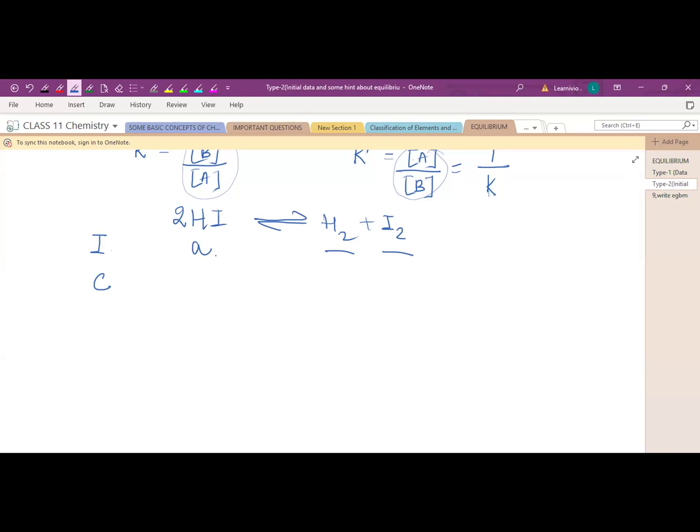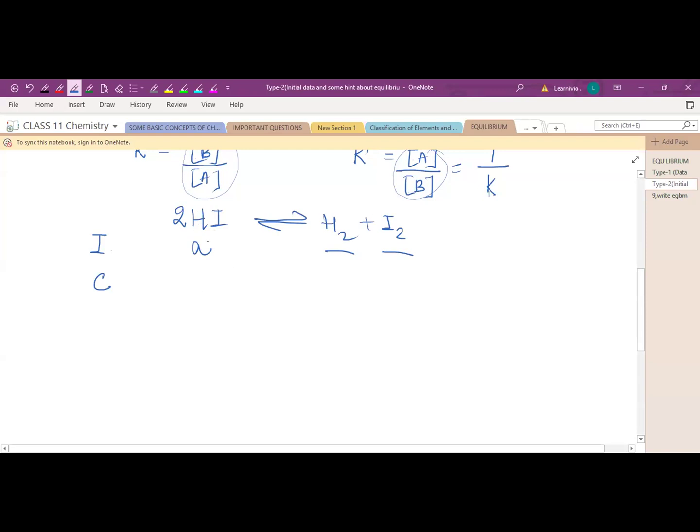Products are being formed, and the reactant concentration has been used up to form the product. It's decomposing, so its concentration keeps decreasing while the concentration of product is increasing as the reaction goes on.